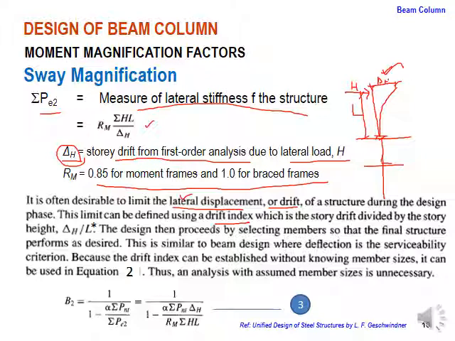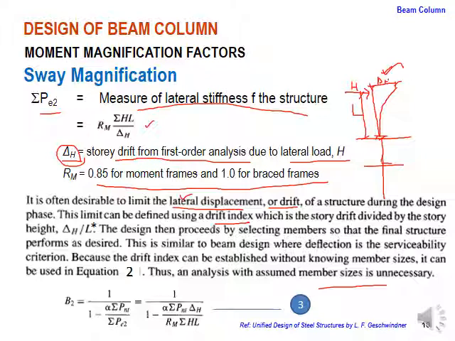For the design, sometimes it is obvious that you do not know the member sizes at the start. So if at the start the member sizes are not known, by using this formula it becomes unnecessary. So you can use this equation number 2 when the element or member sizes are not known to you in the design phase.